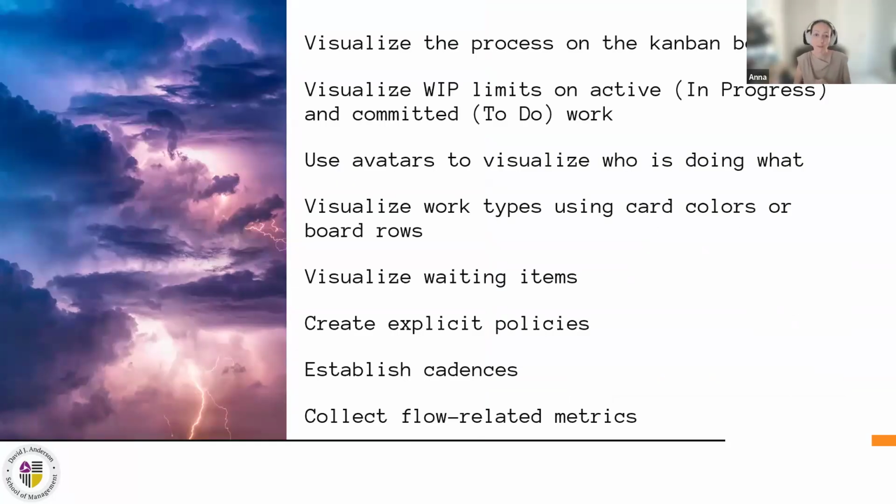So first we have some basic practices that can be applied at any point in your process. Visualize the process on your Kanban board or any board that you have, which means cover the process as it is today.